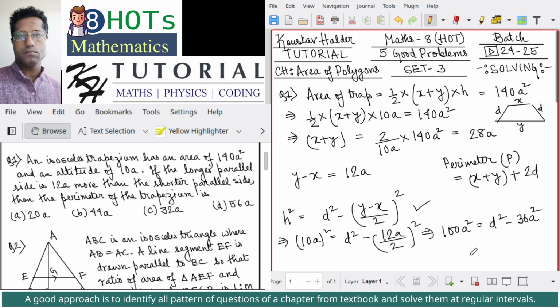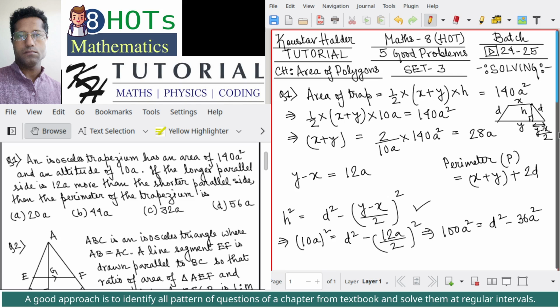Now, if I am wondering whether the formula was h square equal to d square minus, okay, the concept is that if I draw a perpendicular from this vertex onto this side, this will be h, the height, and the base of this triangle will be y minus x by 2.